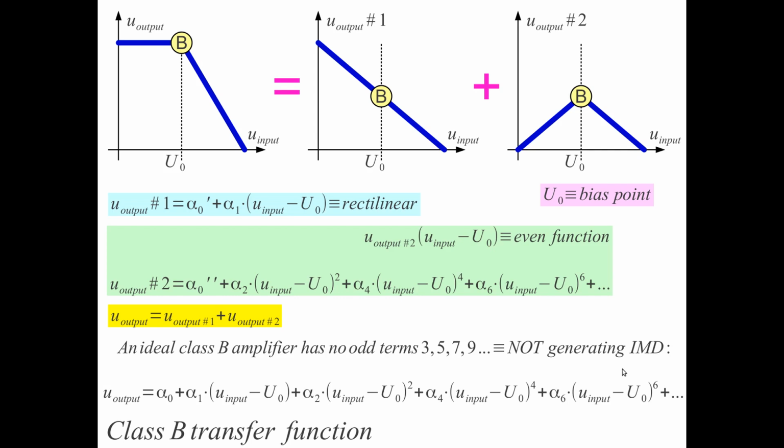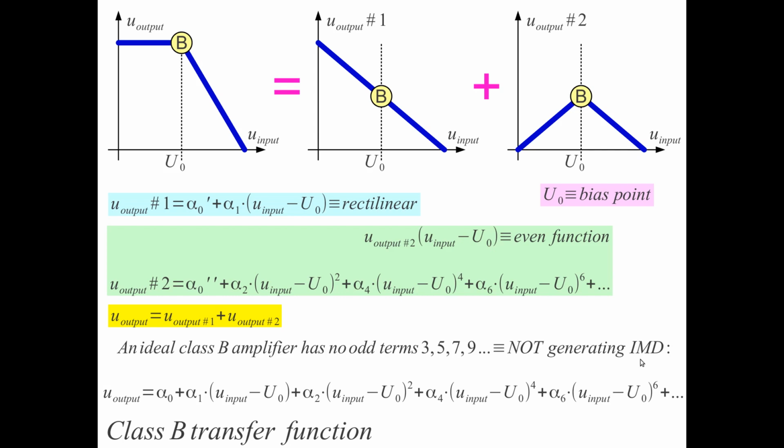We do have distortion in a class B amplifier, but this distortion in a narrowband system can be easily filtered out. This is in contrast with other amplifiers that have odd terms, and if odd terms are present, then we are generating IMD. The class B amplifier does not generate any intermodulation distortion in theory.